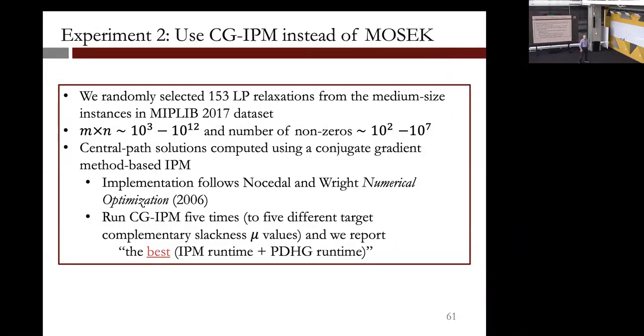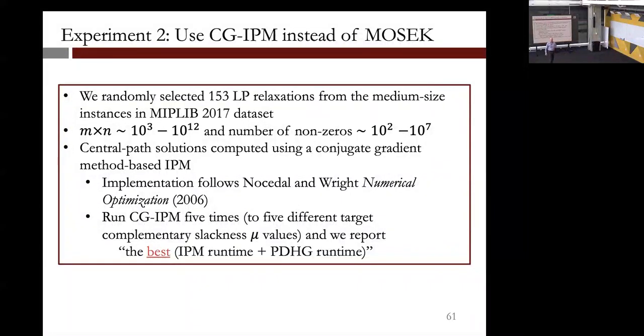You can think of what they're doing as solving a nearby problem. That's exactly what we do: we solve a nearby problem and get a point on the central path for the nearby problem. To a certain extent, we cross our fingers and hope, but it seems to work just great.